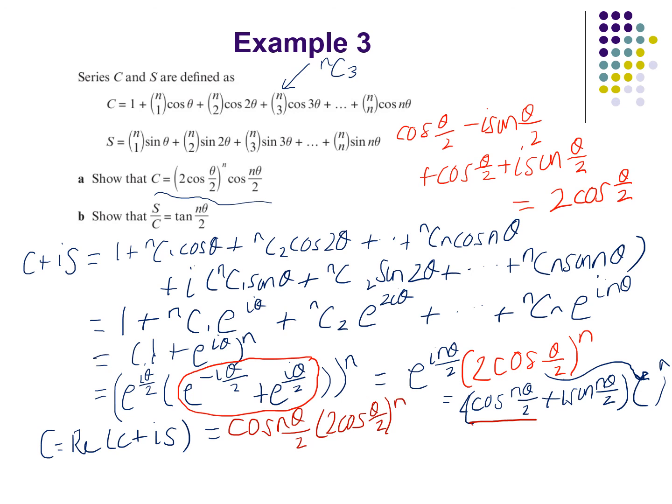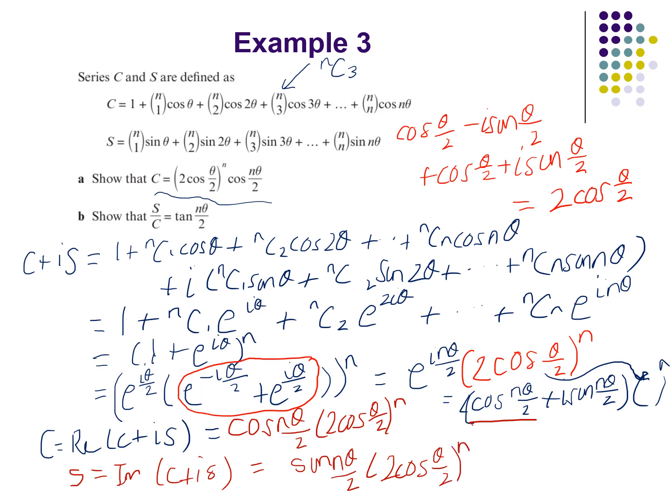Right, part B is on about S as well. Well, S is the imaginary part of C plus IS. And the imaginary part is going to be the same thing, but with the sine here. So sine n theta over 2 times 2 cos theta over 2 to the n.